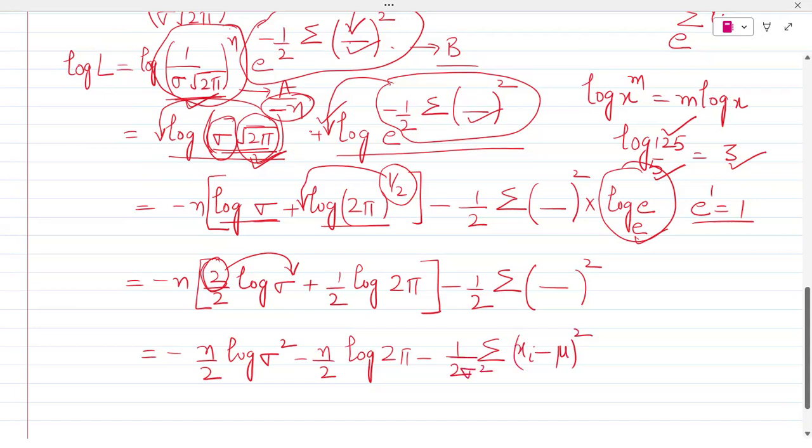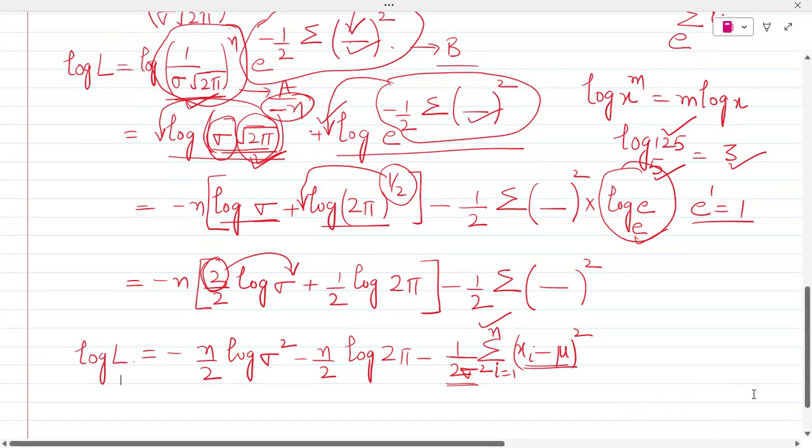Sigma square I can take outside, because here the sigma square was in the denominator, but this summation is with respect to i from 1 to n. So this sigma square is a constant with respect to this summation. That's why it can be taken outside the summation. So this is our log of L.